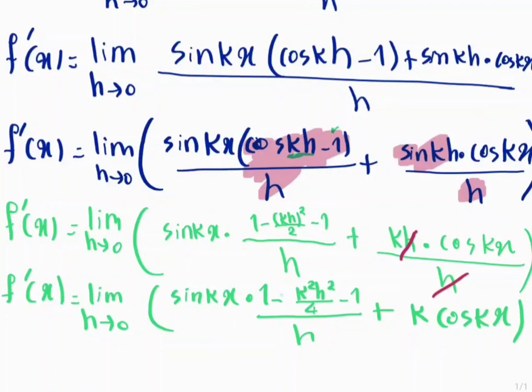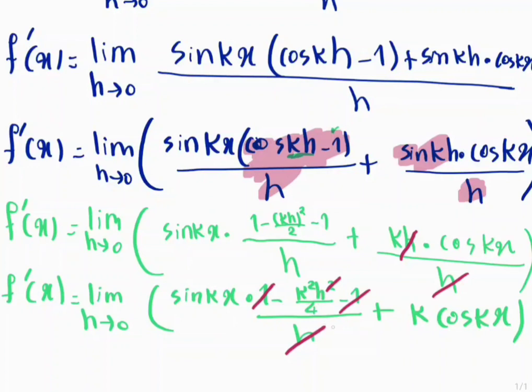So we have 1 and minus 1, so they cancel out here, and also this h cancels out with this power of h, which is in the numerator, and now we will only be left with k squared h over 4.